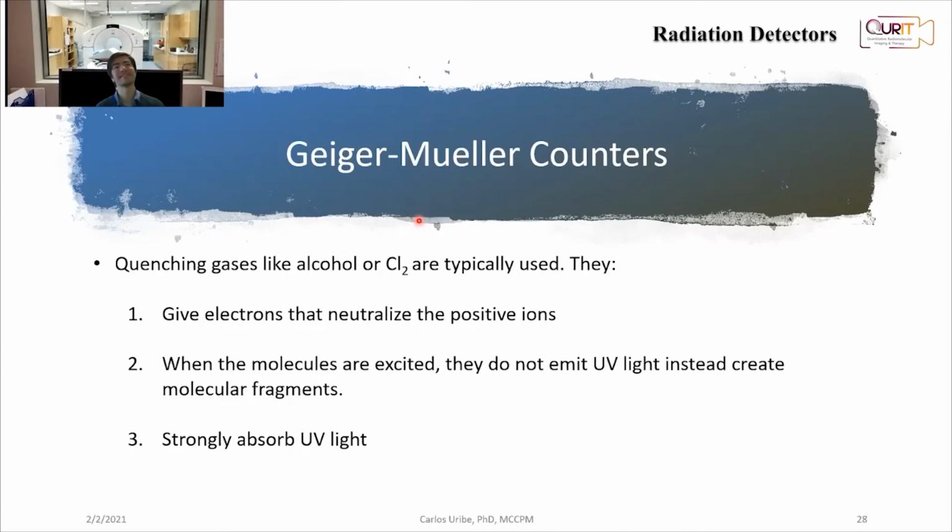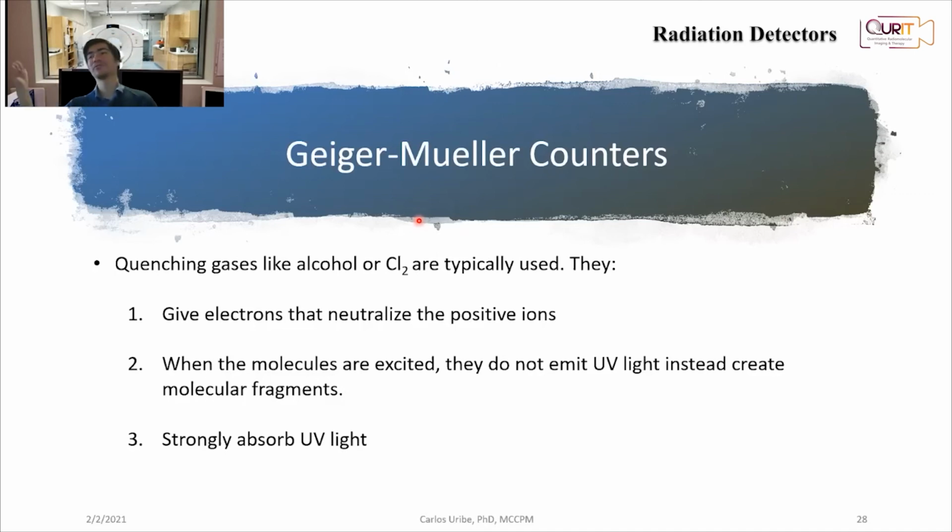Common quenching gases are alcohol or chlorine. So what are they doing? One, these quenching gases give electrons that neutralize the positive ions. You have an ionization, you have positive ions, you get negative ions.